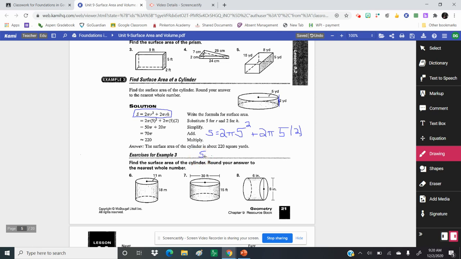So my surface area is going to be 50 pi. I can't forget about the pi. Plus, well, 2 times 5 is 10, times 2 would be 20, so this would be 20 pi. These are now like terms, so I can add them together, so this would be 70 pi.